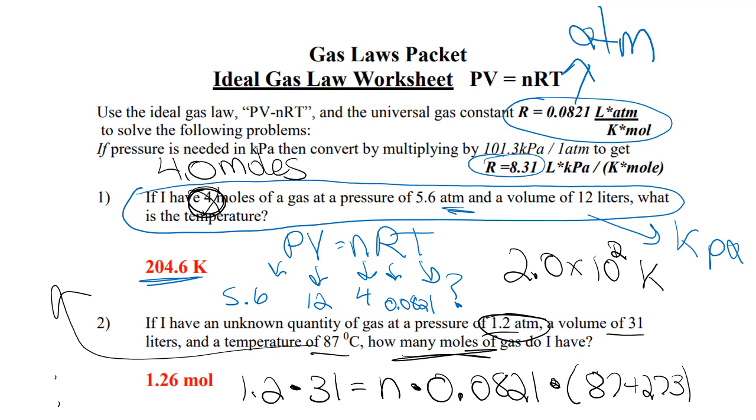And so now we can solve for n, because it wants to know the number of moles. 87 plus 273 is 360. 360 times 0.0821 divided by 1.2 divided by 31. And I got 1.26. We go back to the question, we got 2 sig figs, 2 sig figs, 2 sig figs. So this should be 1.3 moles.